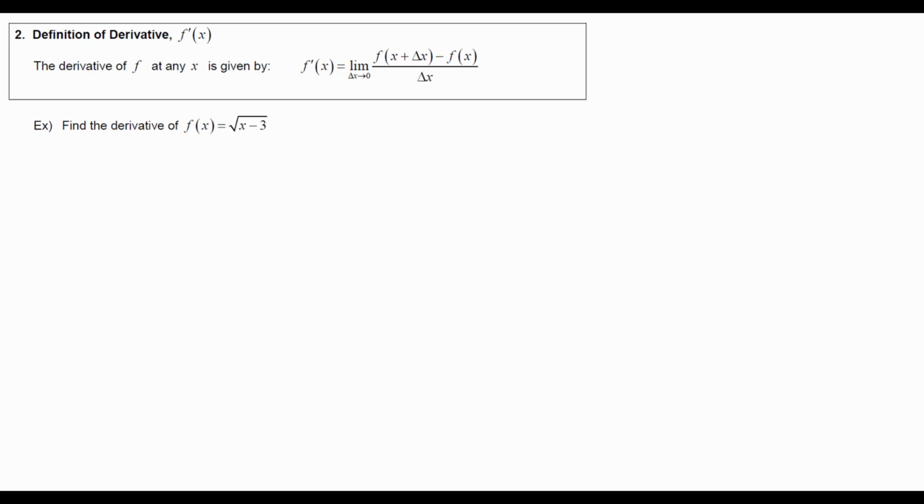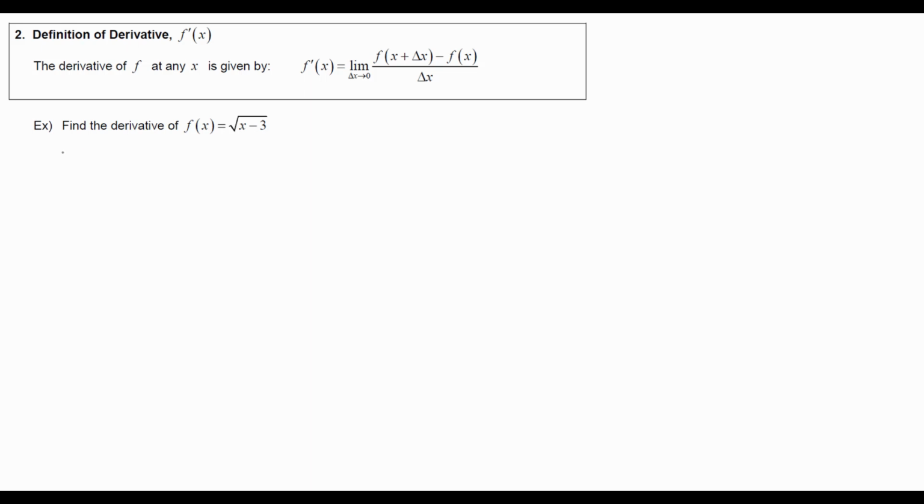Example: find the derivative of f of x equals the square root of quantity x minus 3. So given a function f of x, let's find the f prime function. All you have to do is really use this definition above and apply the limit as we learned in chapter 1. So let's go ahead and find the f prime of x function.